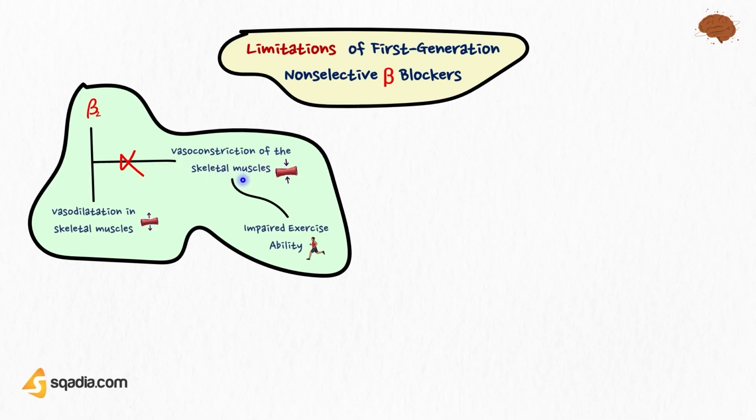When vasoconstriction happens in the skeletal muscles, oxygen supply to the muscle is decreased. In a specific situation like exercise, skeletal muscles need immense oxygen, while the patient is taking non-selective beta blockers, so vasoconstriction is happening. The person cannot exercise. It is the first limitation of the non-selective beta blocker.